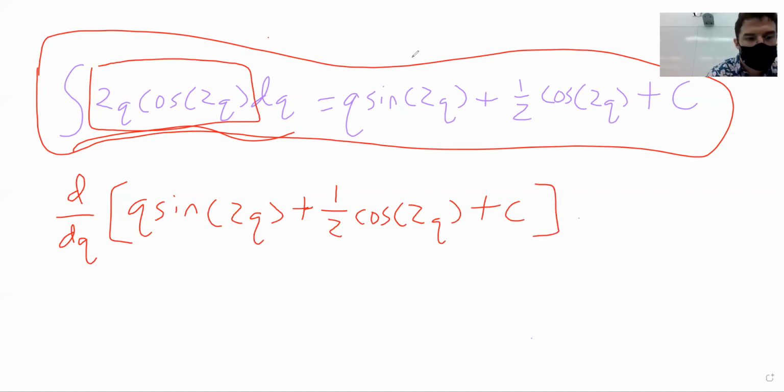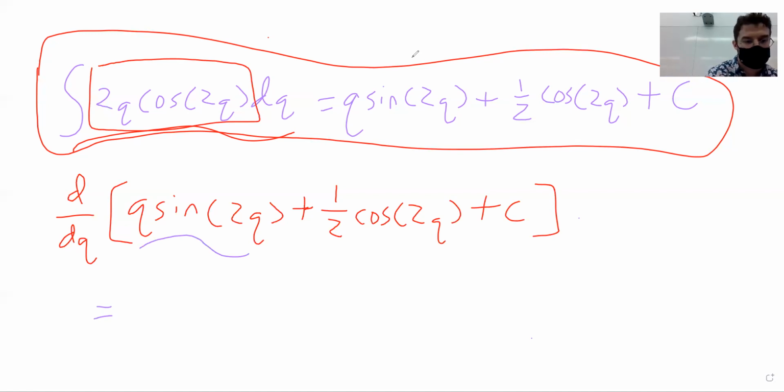Okay. So looking at this first part, what am I going to get for the derivative of that piece? That's Q sine 2Q. So I'm going to need to do a product rule.